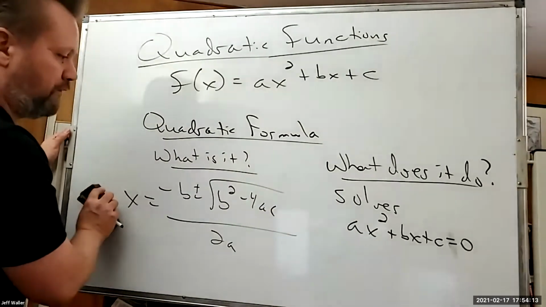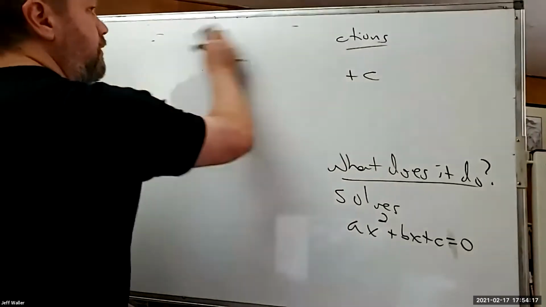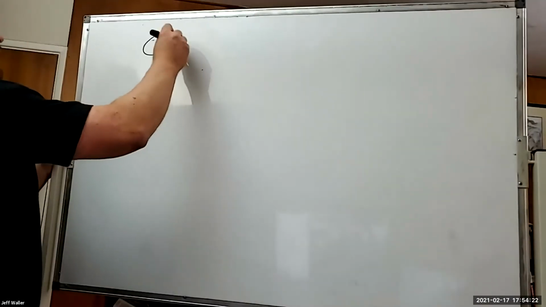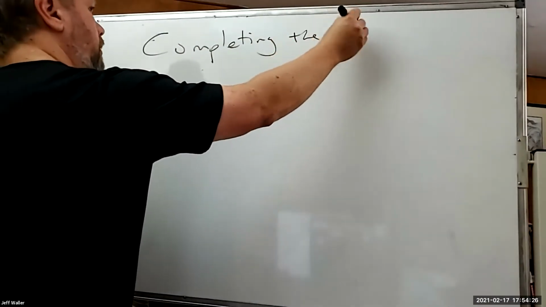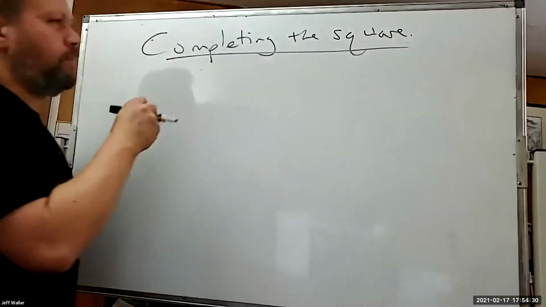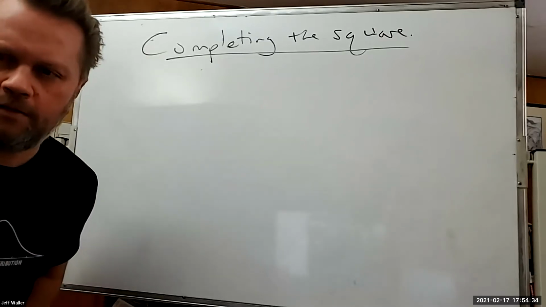But the first thing we have to do before we do that is talk about this: completing the square. I can't remember now if we've talked about this. A little bit.